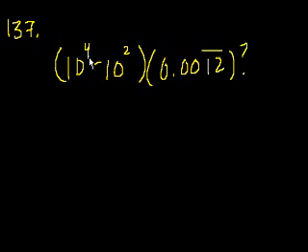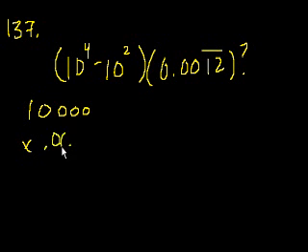So let's see what we can do. Let's distribute this, right? So what's 10 to the 4th? That's 10,000. So what's 10,000 times this number, 0.0012?